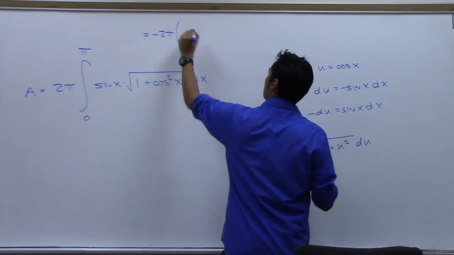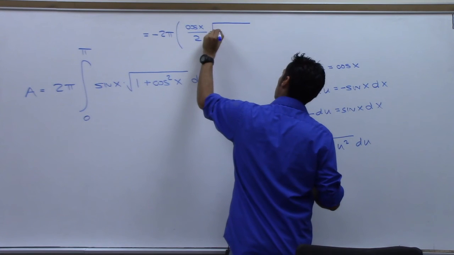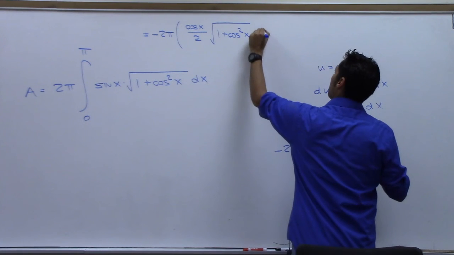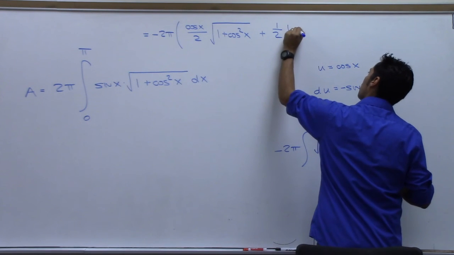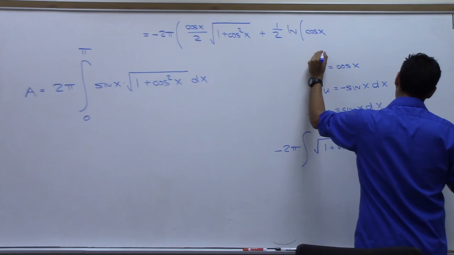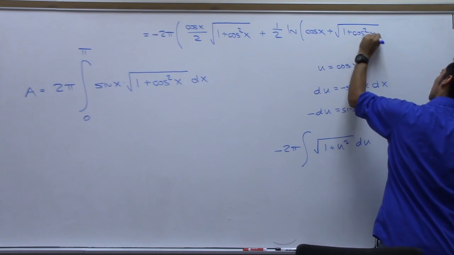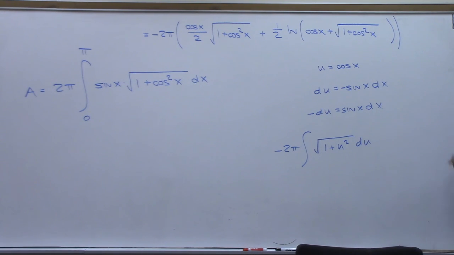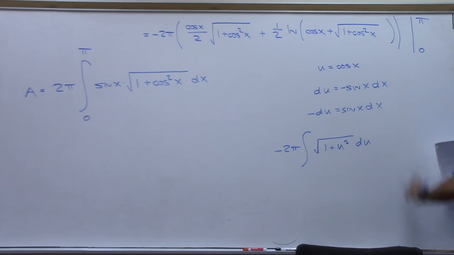U over 2, but that's cosine x over 2, times the square root of a squared plus u squared, which is 1 plus cosine squared x, plus a squared over 2, a is 1, so 1/2, natural log of u, which is cosine x, plus the square root of 1 plus cosine squared x plus c, right? But we're evaluating from 0 to pi, right?